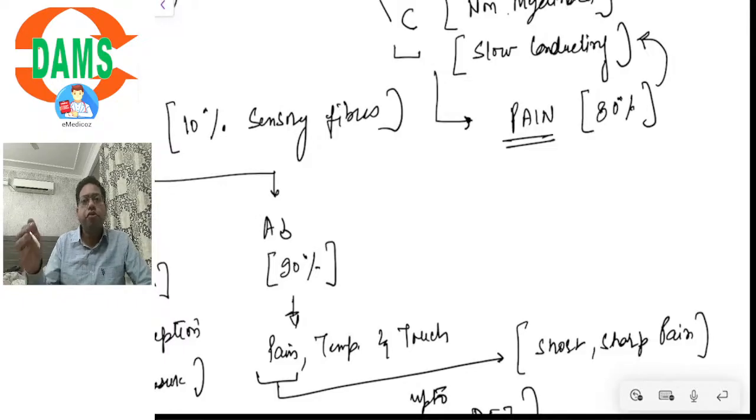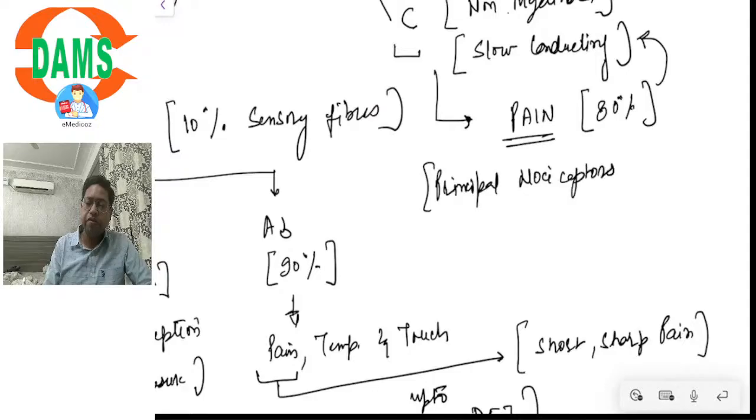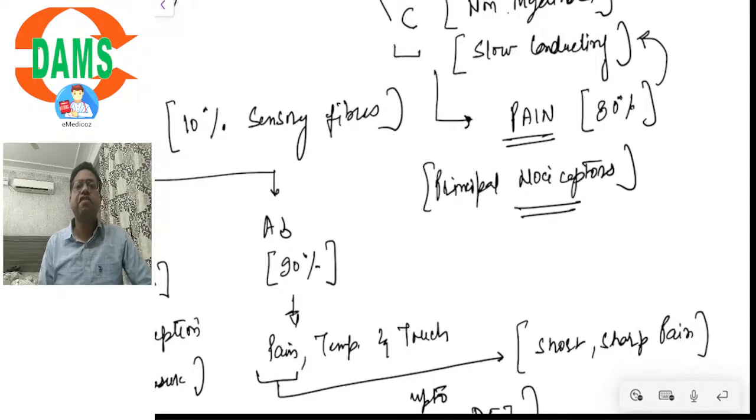So if the question asks which is the principal sensation carried by dental pulp, it would be pain, because both A delta and C fibers carry the sensation of pain. That's why C fibers are also called principal nociceptors. Nociceptors carry the sensation of pain; proprioceptors carry the sensation of pressure.